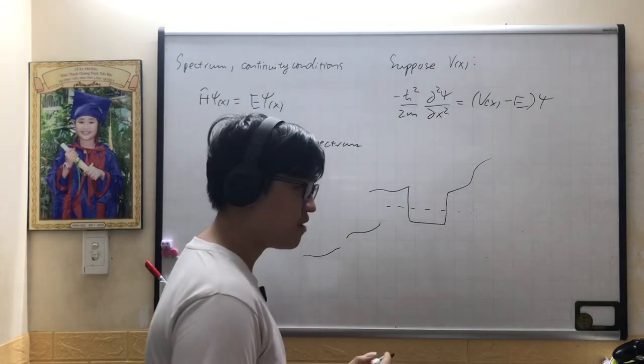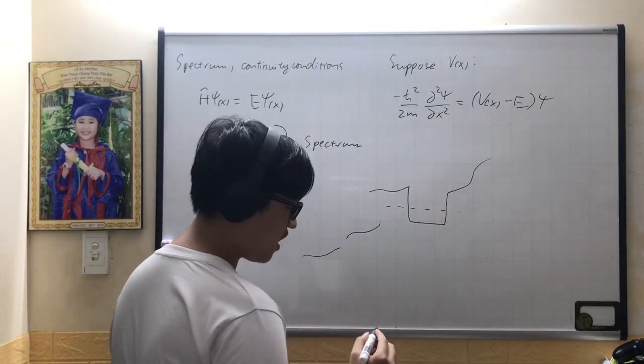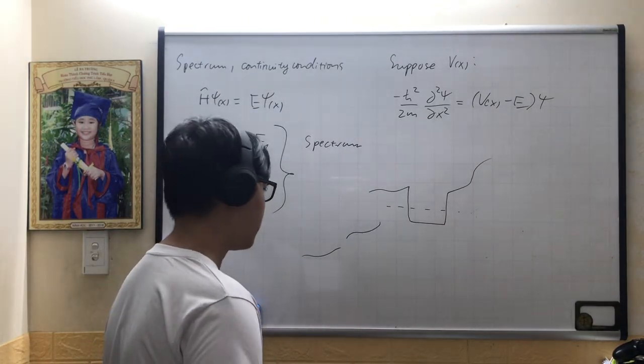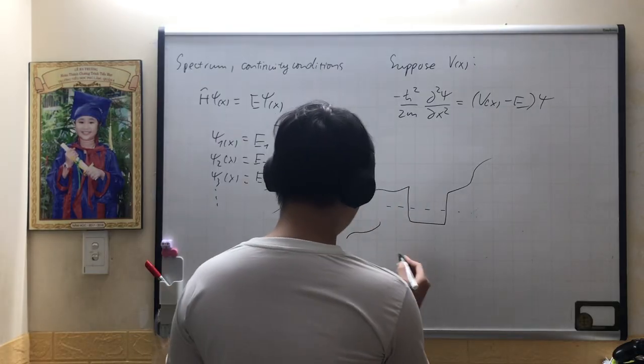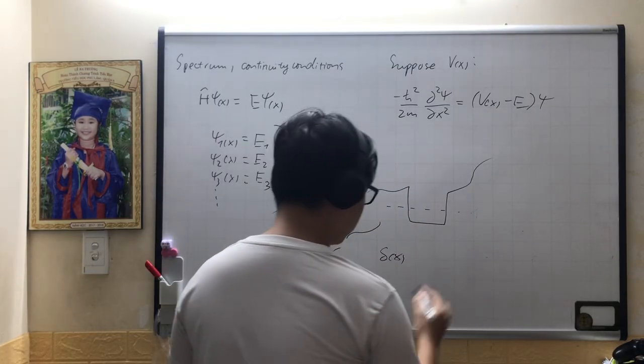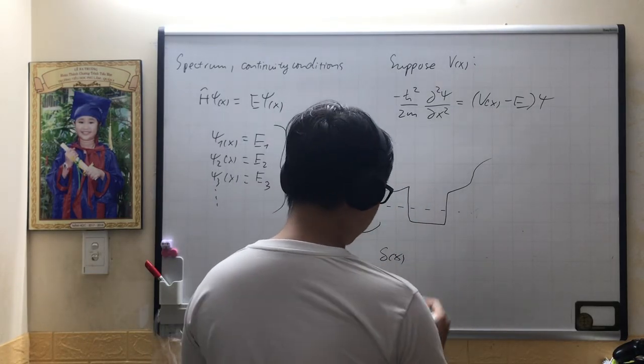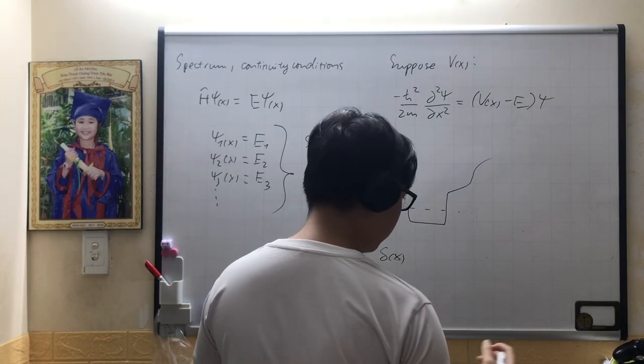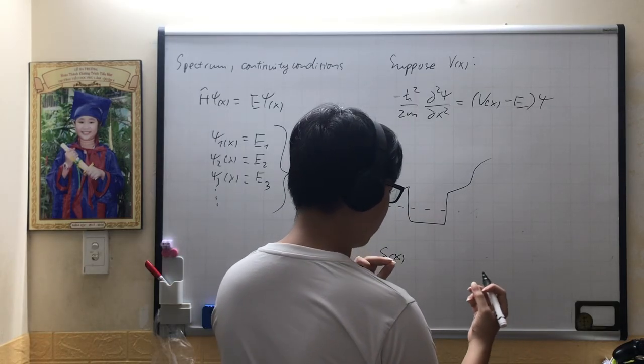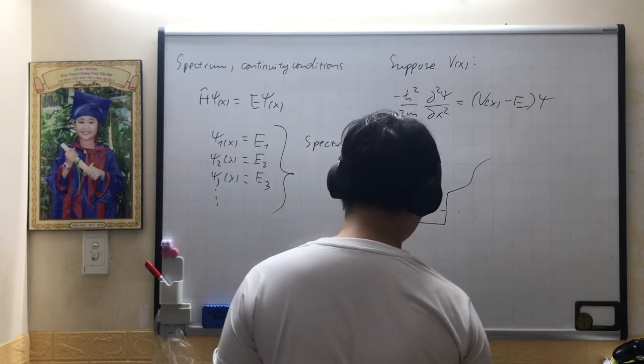We're going to talk about the delta function later on, but now it's just a brief introduction. A delta function is just a rectangle with infinite height and infinitesimally small width.